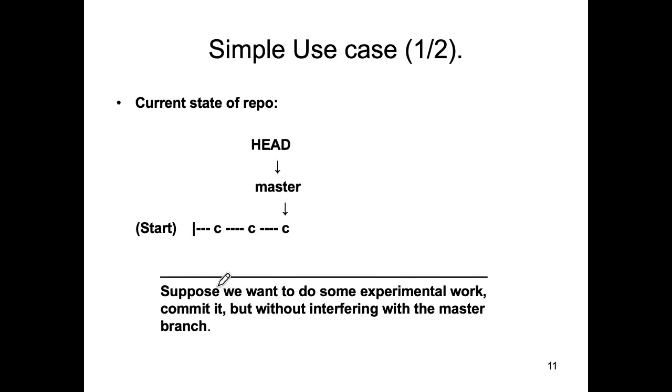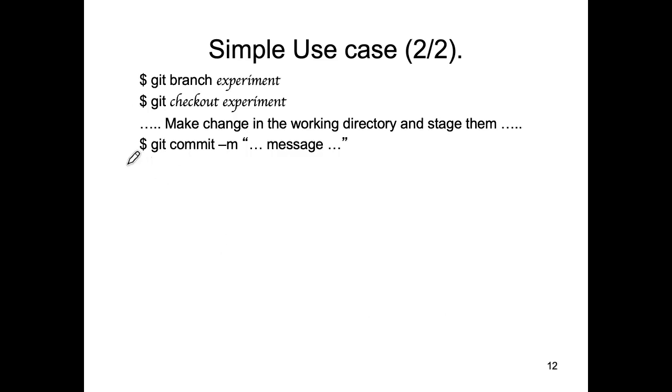Then we are saying, suppose we want to do some exploratory work, committed, but without interfering with the master branch. So what should we do? We should create a new branch and do our exploratory work on that new branch. So this is what we should do. Create the new branch.